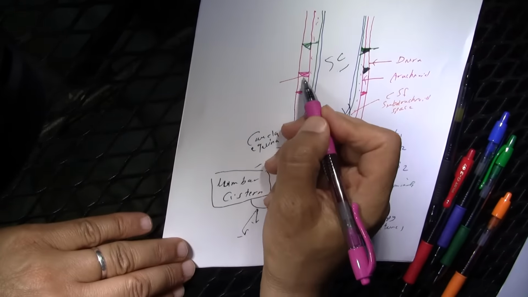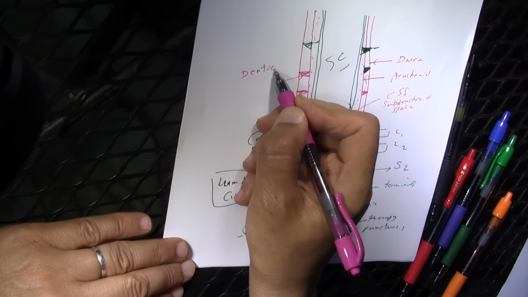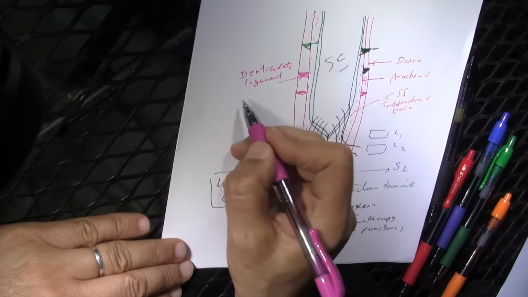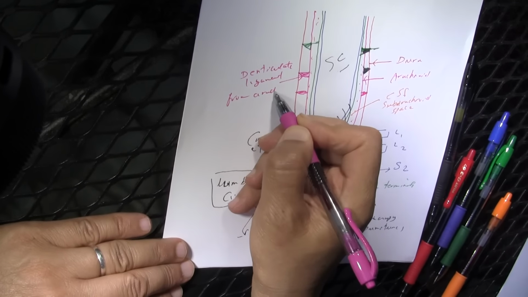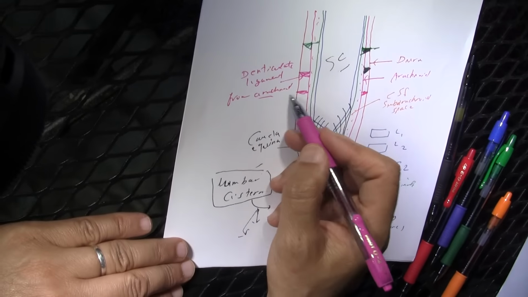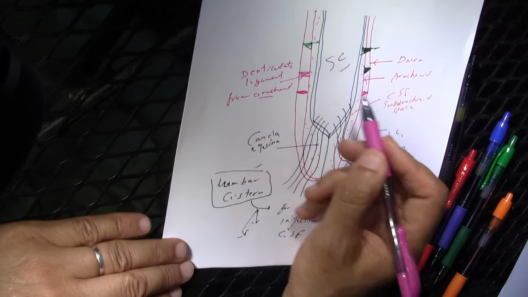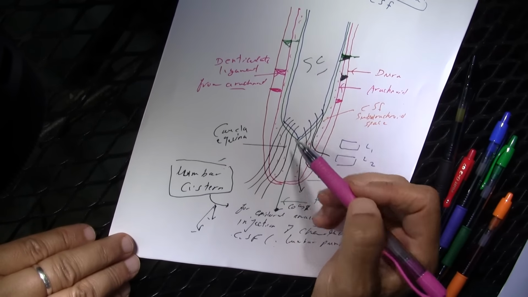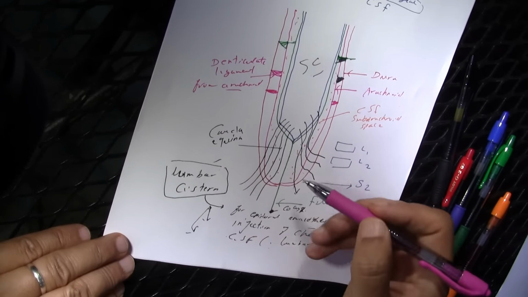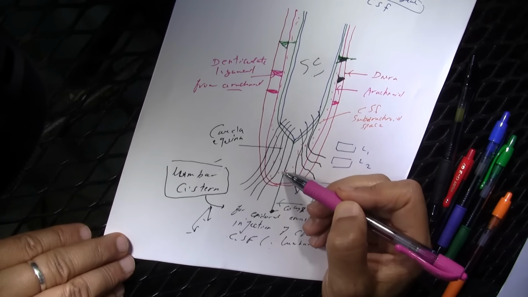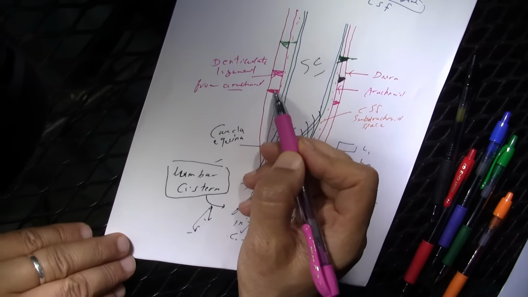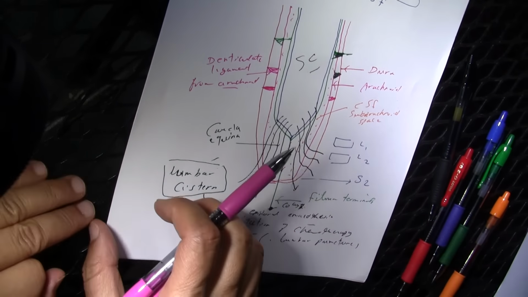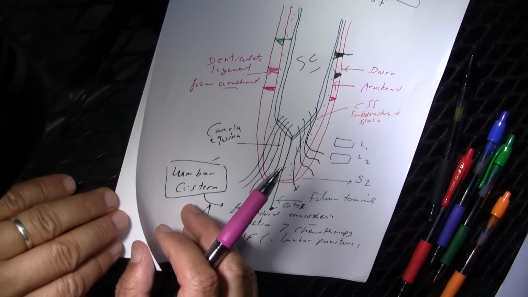So denticulate ligaments, triangular ligaments, extend from the arachnoid and fix the spinal cord to the vertebrae. So you have two ways to support the position of the spinal cord: first through the filum terminale, and second through the denticulate ligament. Okay, so this is the general idea about the spinal cord.